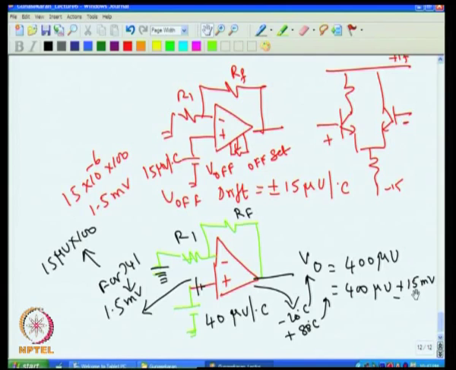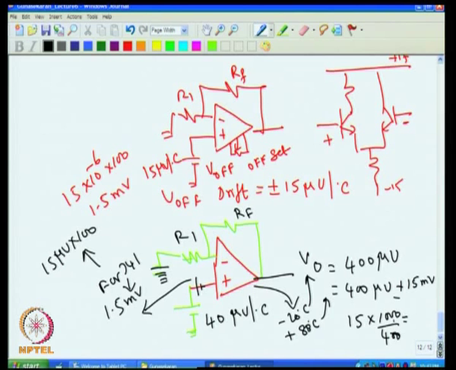Now if you get, for example, 15 millivolt, then in terms of temperature, 15 millivolt corresponds to 15 into 1000 microvolt divided by 400. I am converting 15 millivolt into microvolt by multiplying by 1000, then 15 millivolt corresponds to how much temperature, because 400 microvolt is 1 degree.